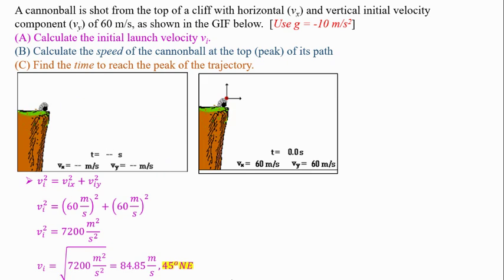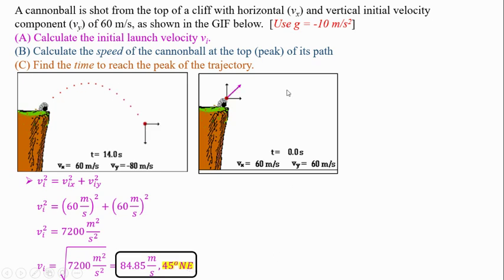Because it asked for initial velocity, I included the direction here for you. I'm not going to do any math because this is kind of easy. Your horizontal side is 60, your vertical side is 60. For a triangle, that is 45 degrees because the two legs are equal. That's why my answer has a direction of 45 degrees northeast.